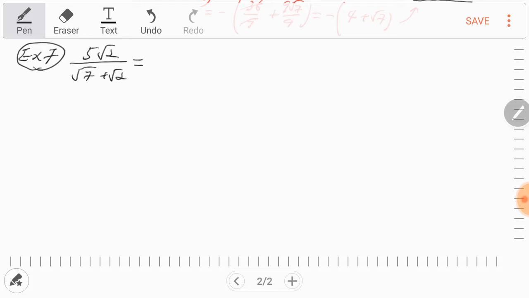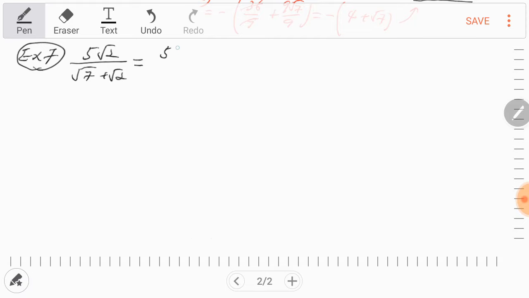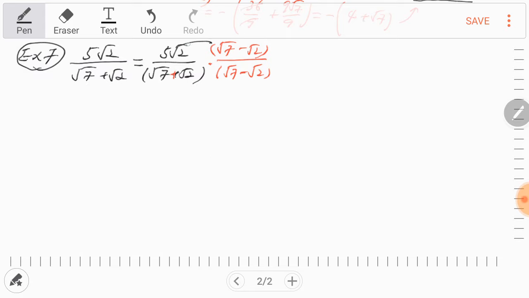So we will use the same method to simplify this quotient. Write the original expression, then multiply the numerator and the denominator by the conjugate of the denominator, square root of 7 minus square root of 2, because this is plus. And then distribute for the numerator.